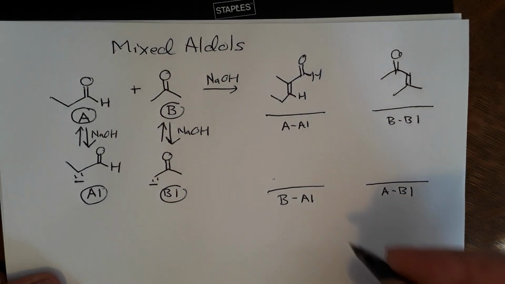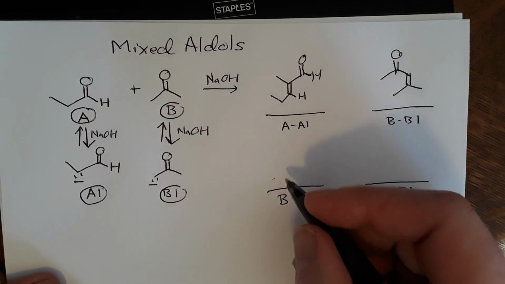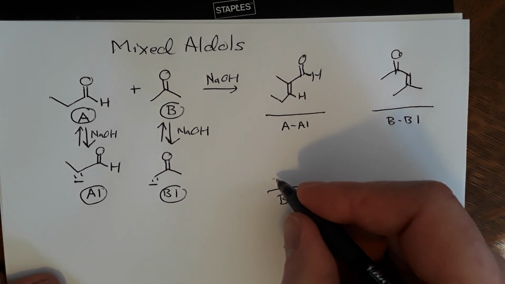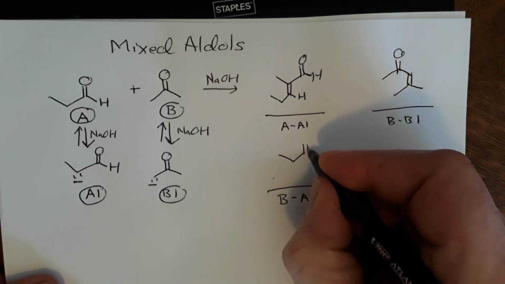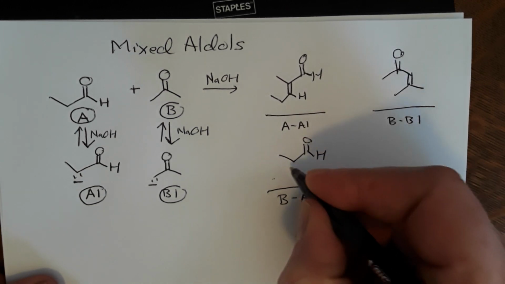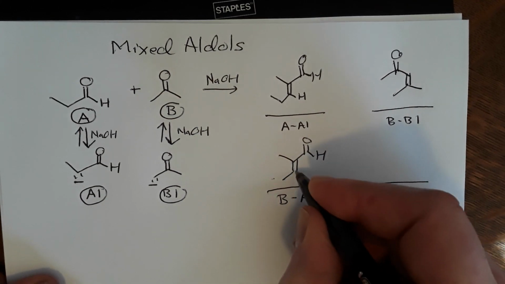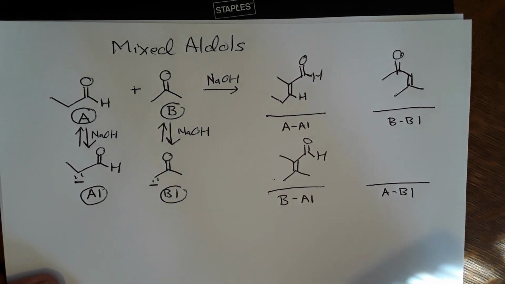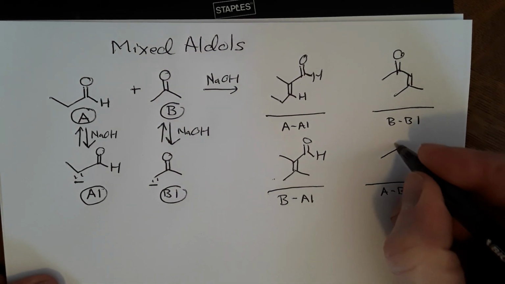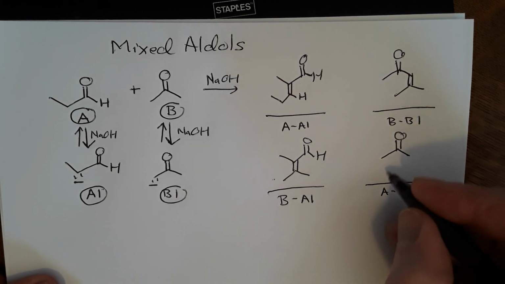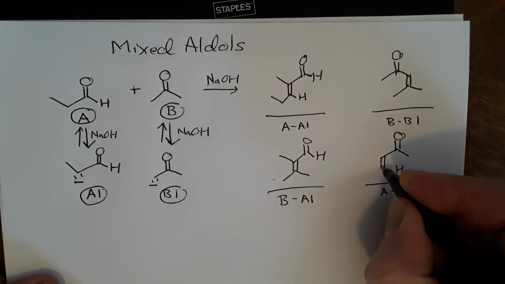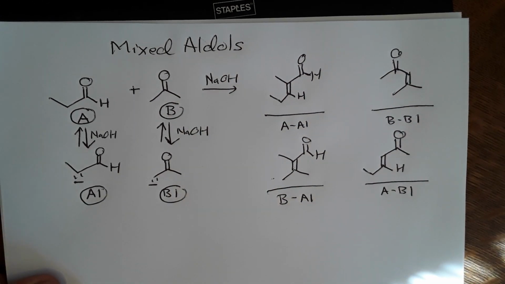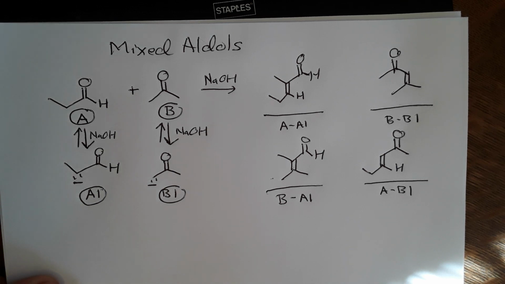If we have B, the acetone, reacting with the A1 enolate, we get that product, and then the acetone enolate reacting with the propanal molecule, we get this. So we get an ugly mixture of four different products.